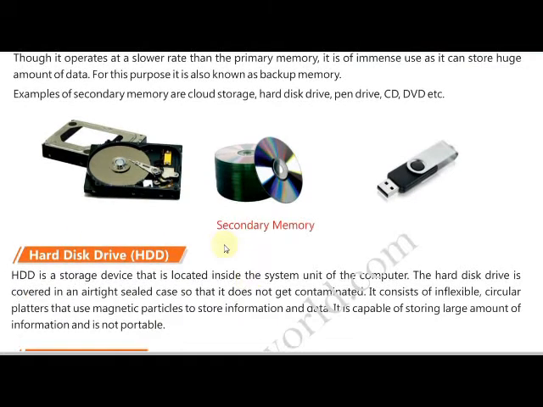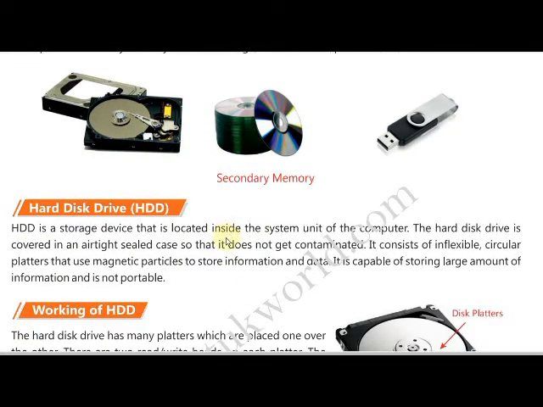So let's see the first secondary memory, that is hard disk. HDD is short for hard disk or hard disk drive. Actually this is a secondary or non-volatile memory which is located inside the CPU cabin. Okay, and it is covered with an air-tight sealed case to protect the internal contents.